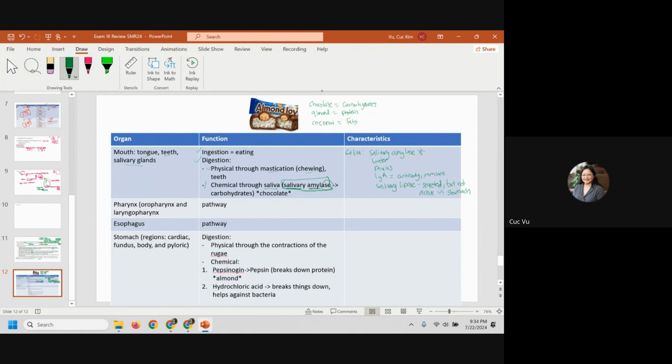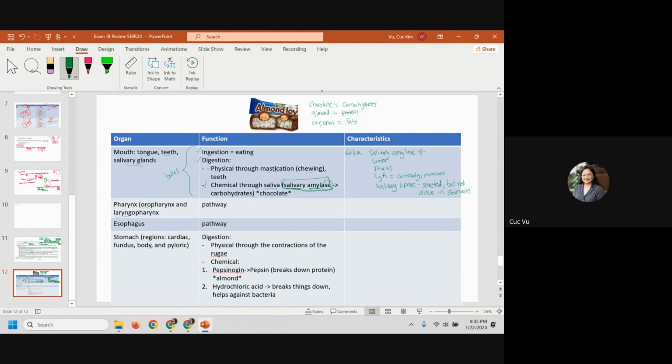Okay, so at this point, whatever you've chewed, what is the food called? Bolus. Chyme. Bolus is the correct answer. Yep. So the bolus is going to move from the mouth down the pharynx, specifically the oral pharynx and the laryngeal pharynx. From there, it's going to move to your esophagus. Make sure you know the change in lining of the esophagus. It's going to start from skeletal and become smooth muscle.